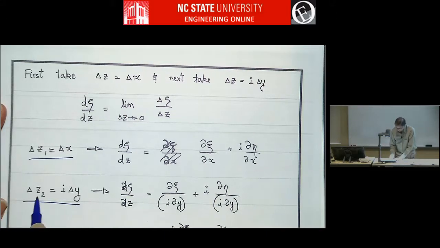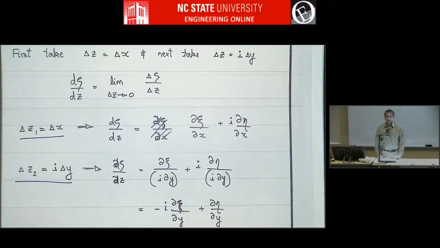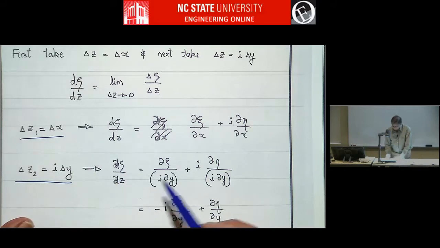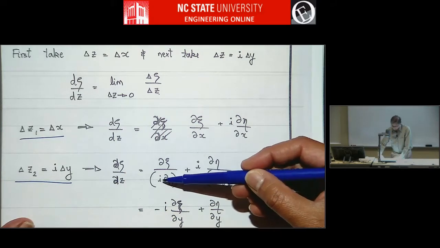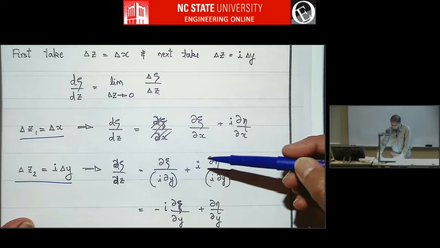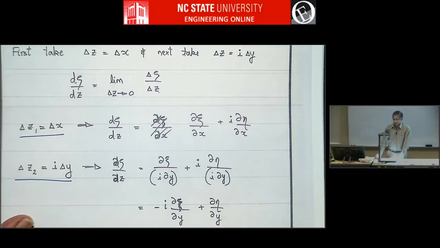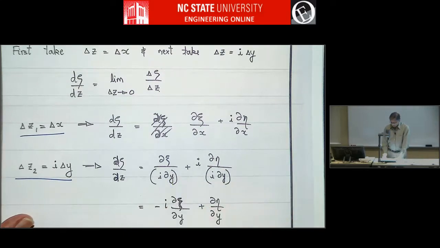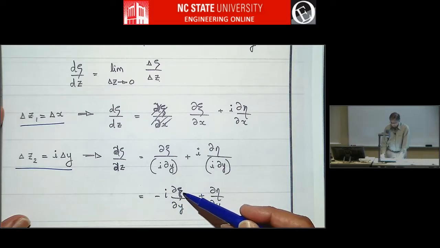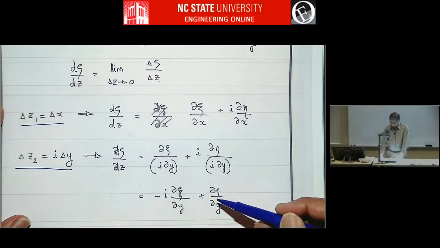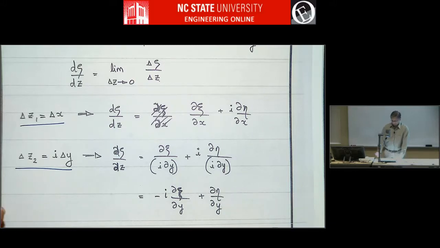With the second option, delta z2 is i times delta y, and so d zeta dz is d psi over i dy plus i times d eta over i dy, which if you simplify becomes minus i d psi dy plus d eta dy.